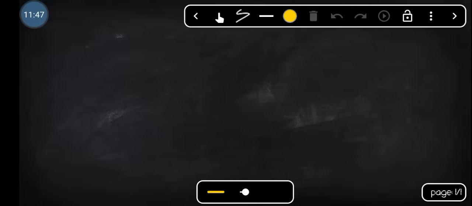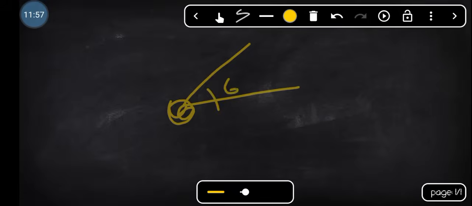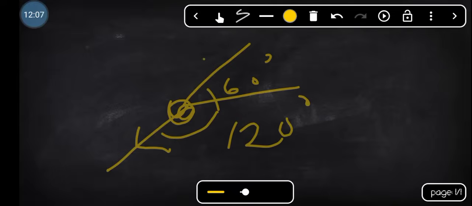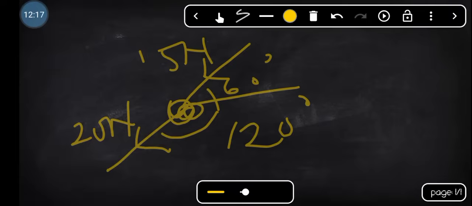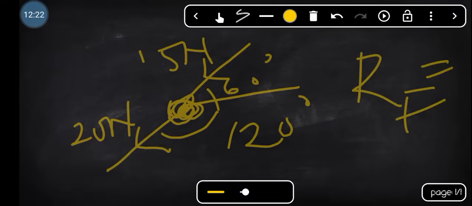For example, if you have a point here with different forces, let's say at 60 degrees, and another one at 120 degrees, let's say this force here is 15 Newton and this one here is 20 Newton. Then I say find the resultant force.